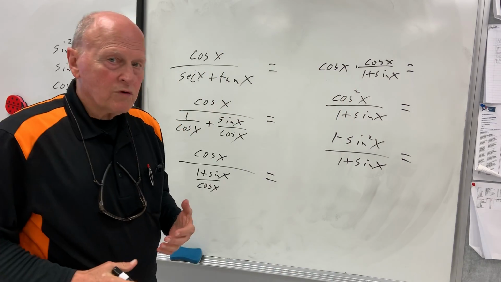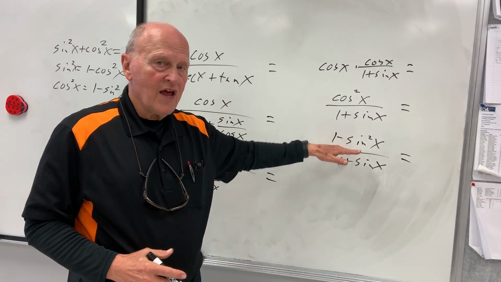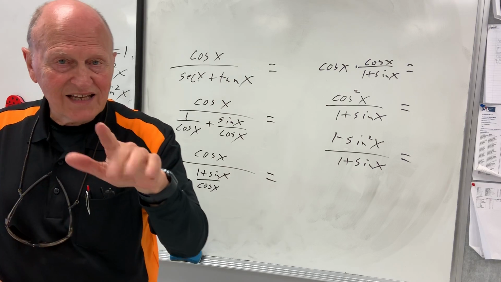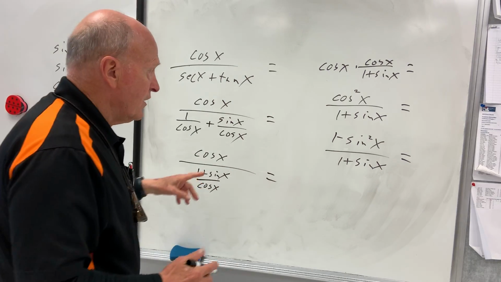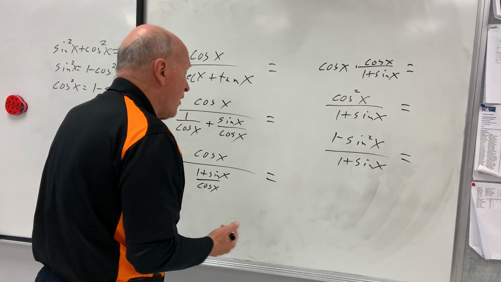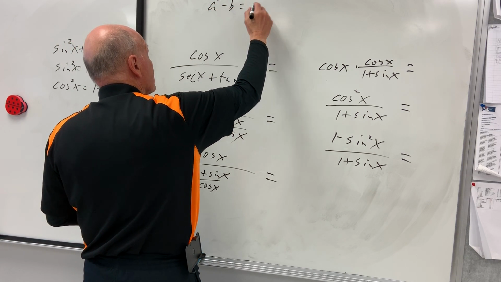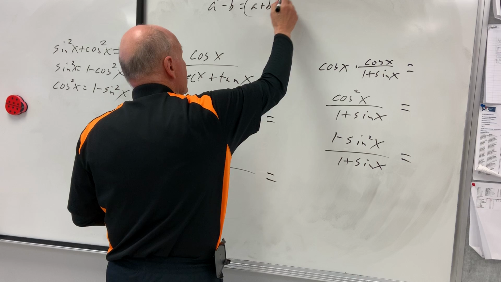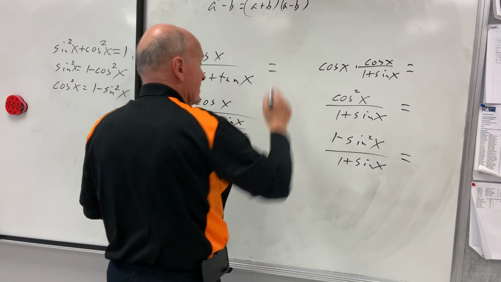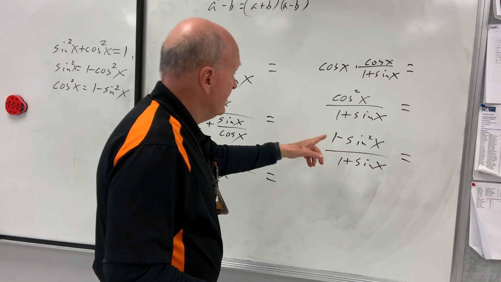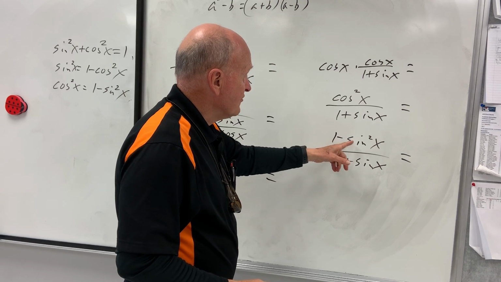The reason we want that is because we can factor this down. Now, I hope you recognize that that's a difference of squares. We all know that a squared minus b squared is equal to a plus b times a minus b. In this particular case, this is 1 squared minus sine squared.